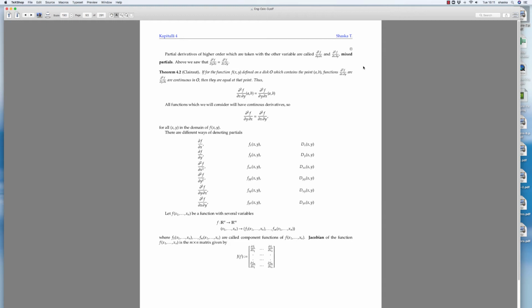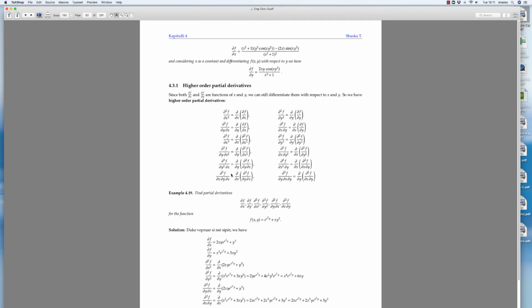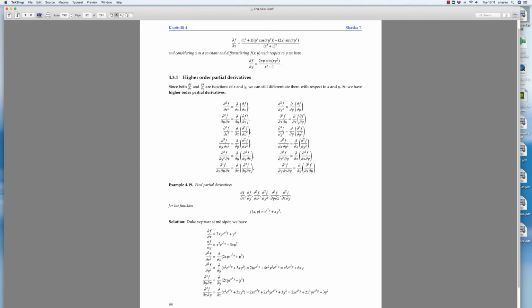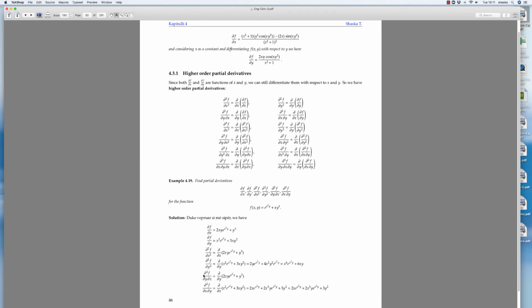In the example that I did before, we found out that it didn't really matter. If you look at this example here, you see the second partial with respect to x and y, and the second partial with respect to y and x.